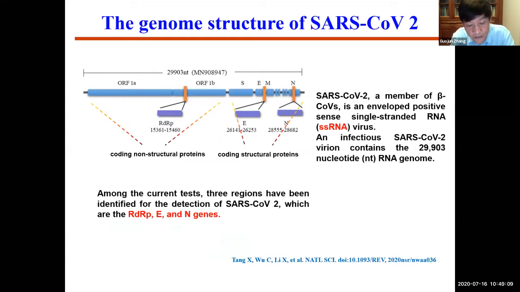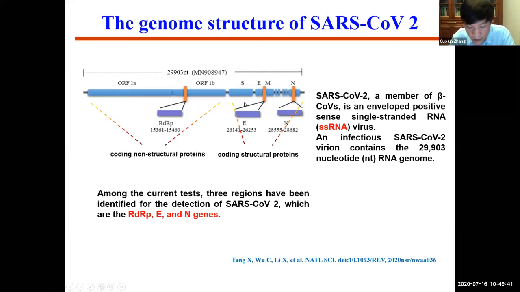In terms of the viral genome, this virus is a positive-sense, single-stranded RNA virus, which contains approximately 30,000 nucleotides. Among them, the open reading frames 1a and 1b encode non-structural proteins, while other sequences mainly encode structural proteins.